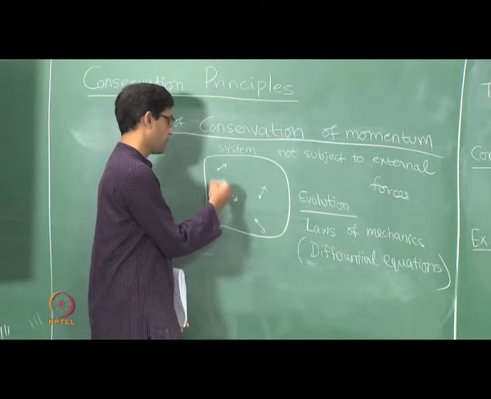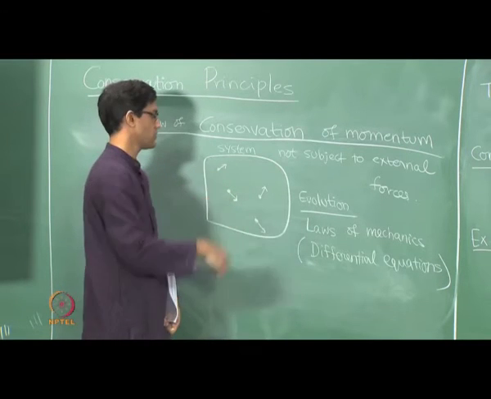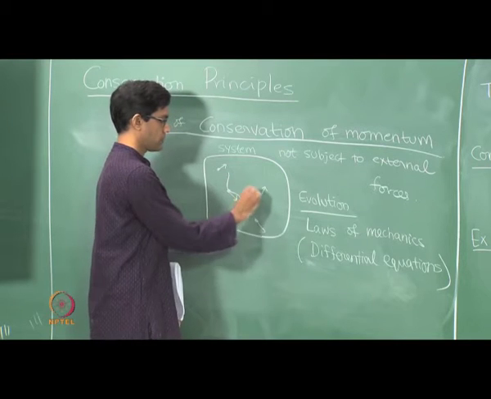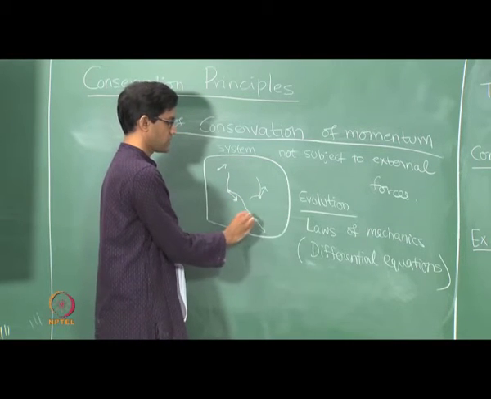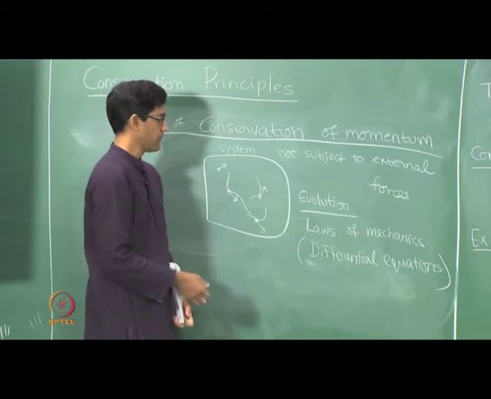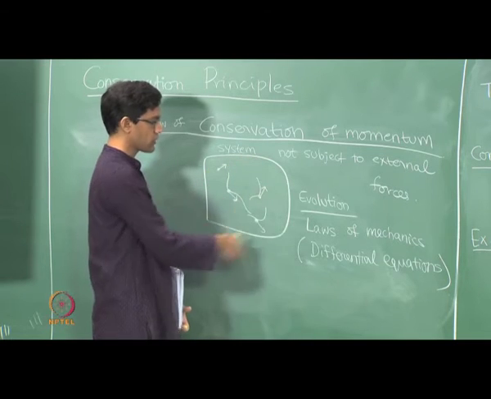They will be given by, say, the derivative of the momentum is the force and so on. So there are some rules which tell you what trajectories these particles take, and there are rules for how they interact and so on. So these differential equations govern the evolution of the system.